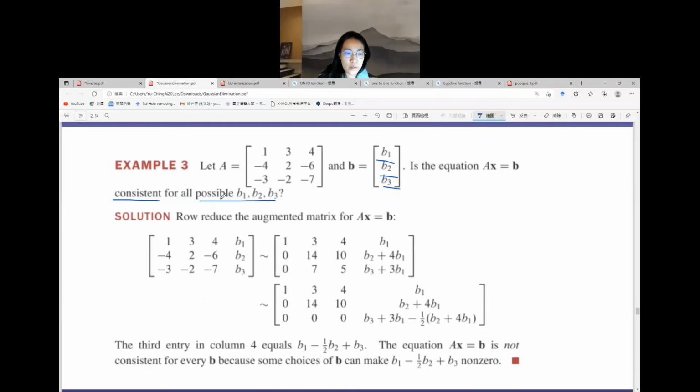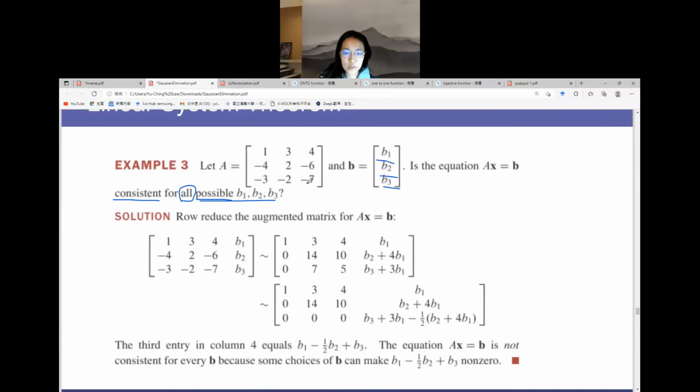That's why the example asks for possibilities. There are many possible values of b1, b2, and b3. If we only find one value, obviously that's not enough, right? Because there is an "all" in front of the possible b1, b2, and b3.